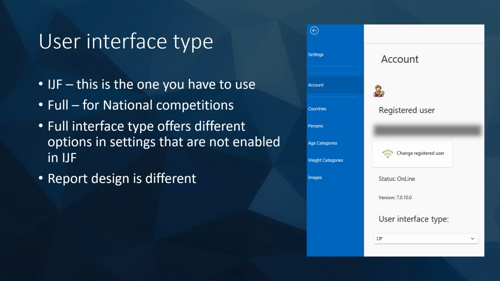Basically in IGF you have more restrictions than in full. That's why the other is full, and the report design is different, because full is intended for national competitions, and national competitions have different reports and layouts. So we will change now to the actual program.